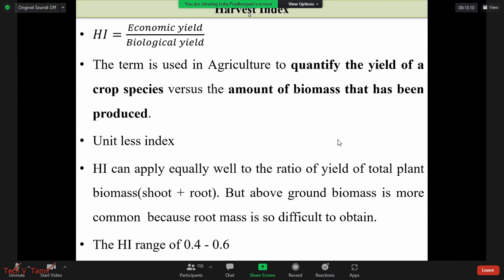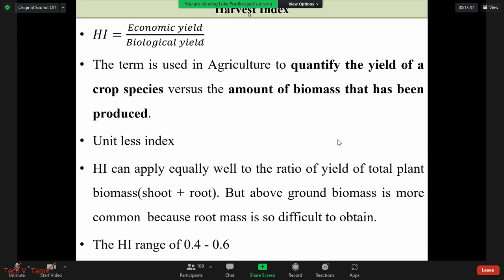Only if we use the whole part can we get a harvest index of 1, especially in leaf area. So if we neglect the root portion, and take the whole part for our economic purpose, then we can get a harvest index near 1.